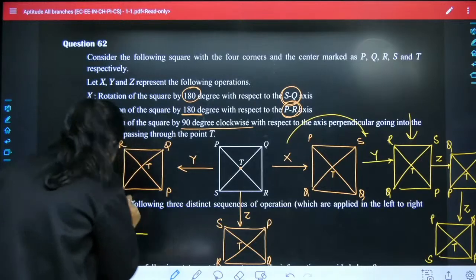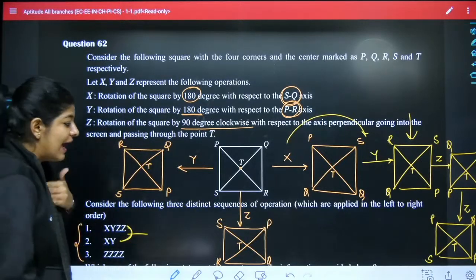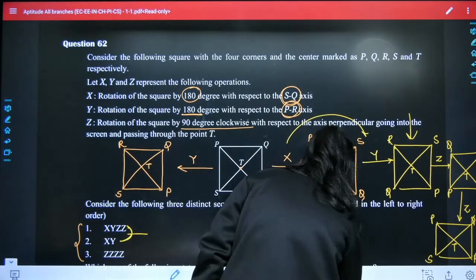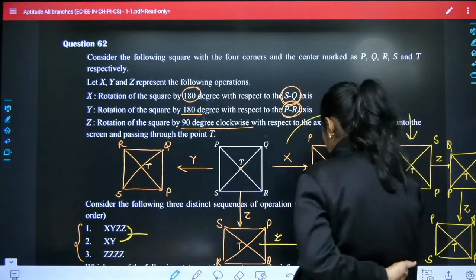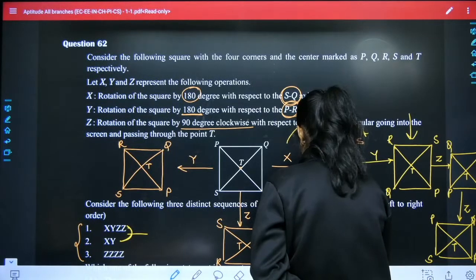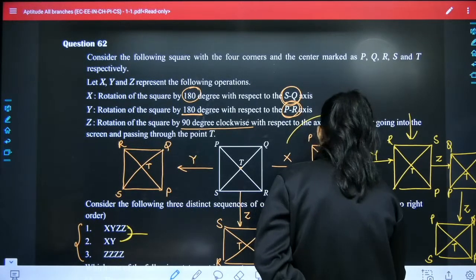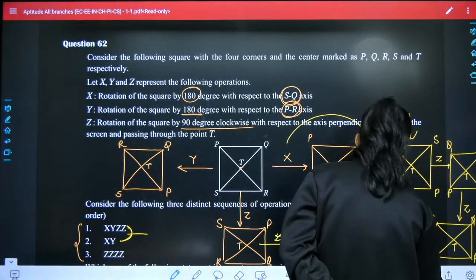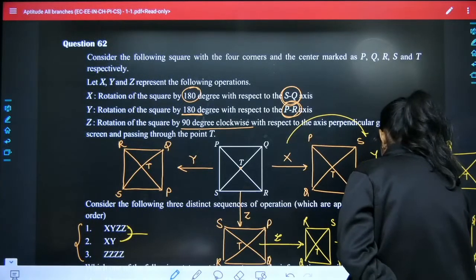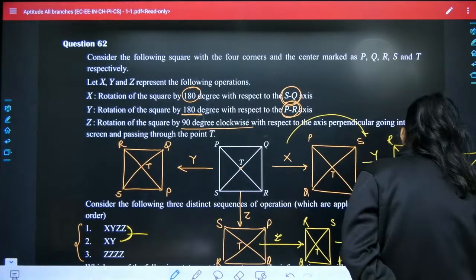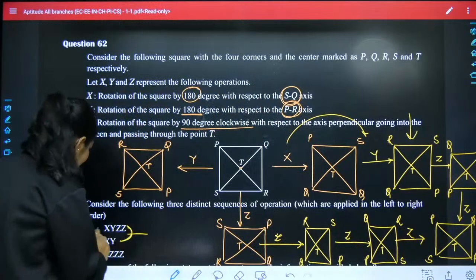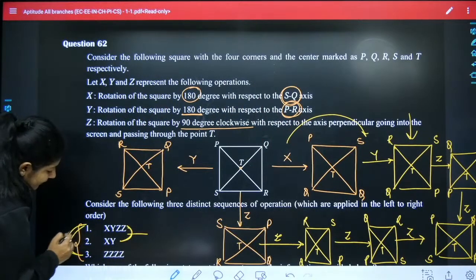So these two options don't exist for R. Now we apply Z one more time, and here we will get S P Q R T, then R S P Q and T, and one more last time, if we rotate by Z, we will get the same image. That means we can relate the first and third.